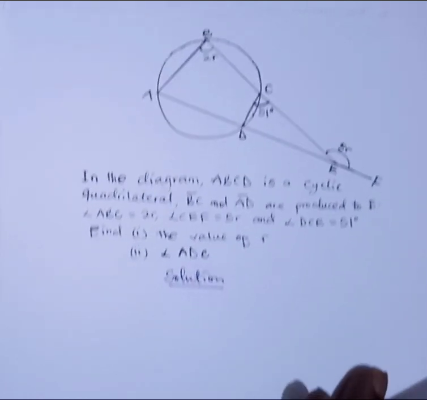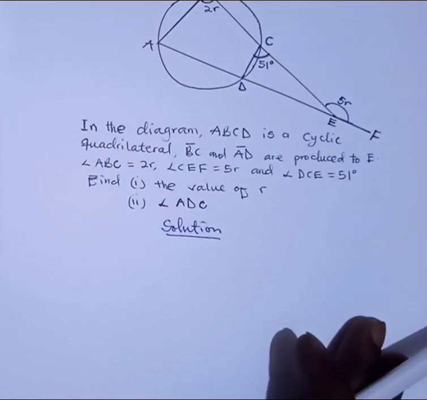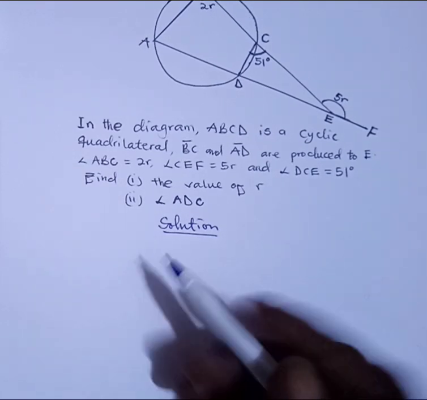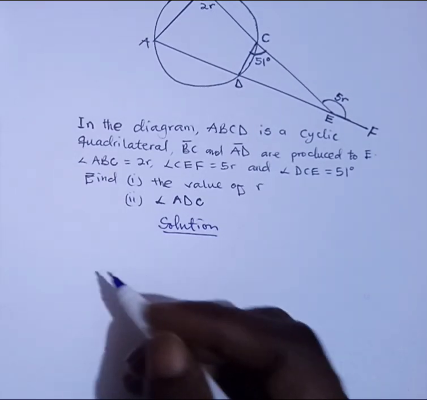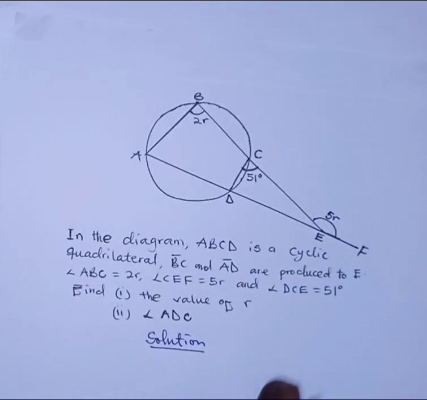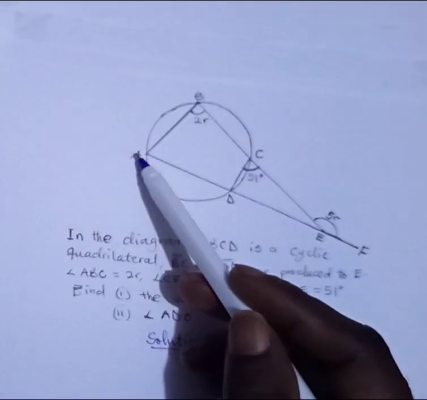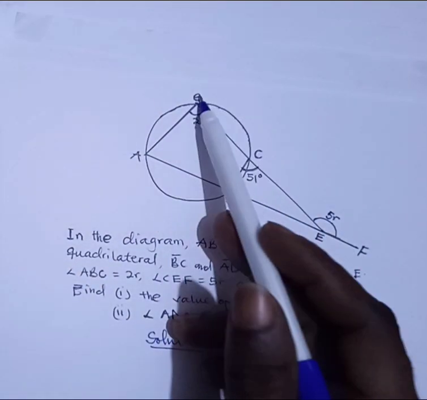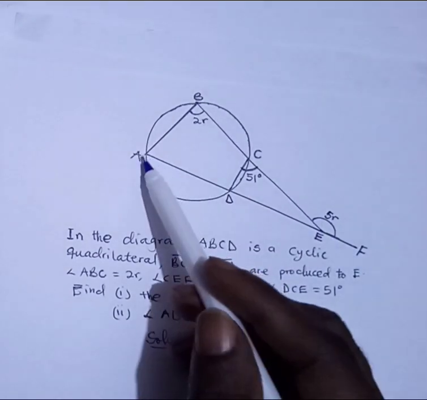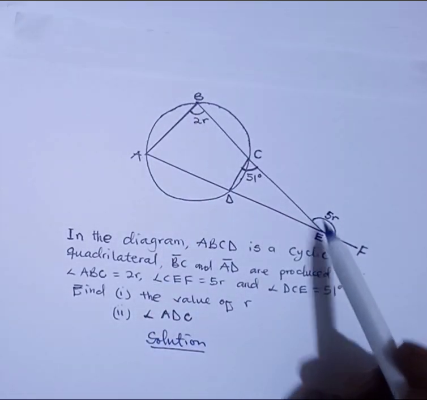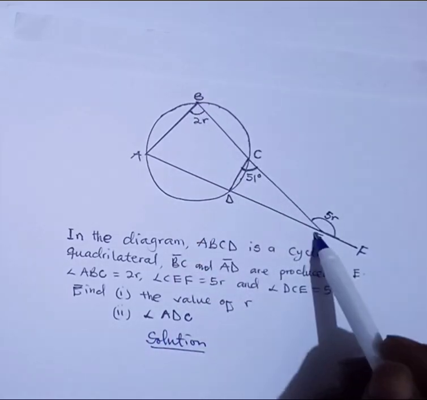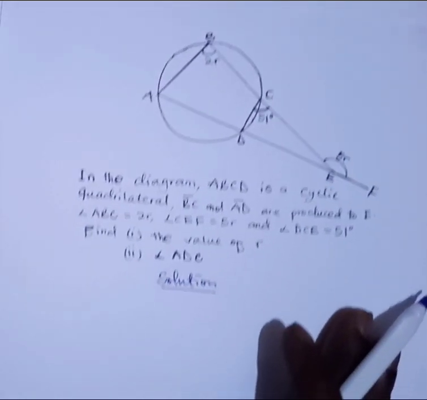So let me do some sketches here so that the whole work becomes easy for us. Let's look at ABE. So I'm going to do this ABE. Let me draw that.